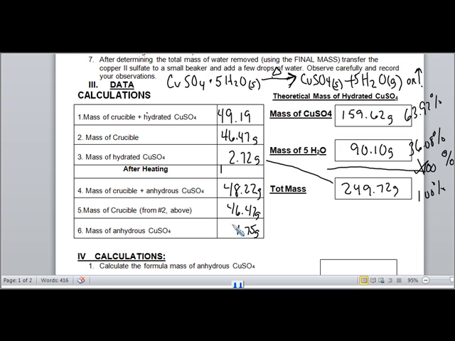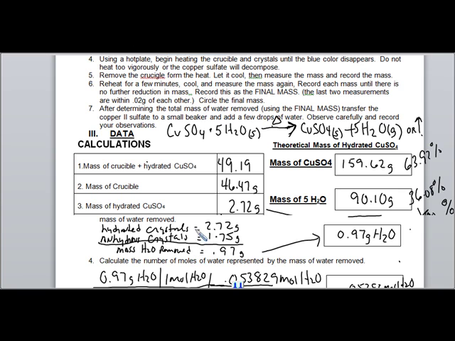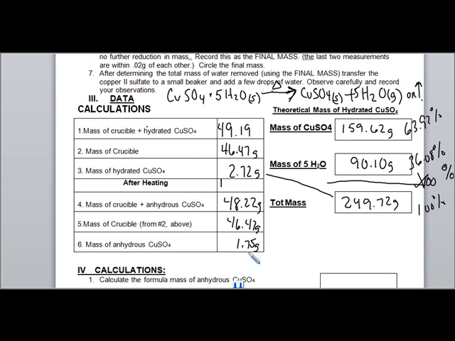Yes? Okay, number 3 is asking you to calculate the mass of water removed. Okay, very straightforward. I know it can be confusing, but it's very straightforward. So what you're going to do is take number 3 here, which was the total mass. Number 6 down here on your data table was the mass of the anhydrous crystals, or the dehydrated crystals, right?